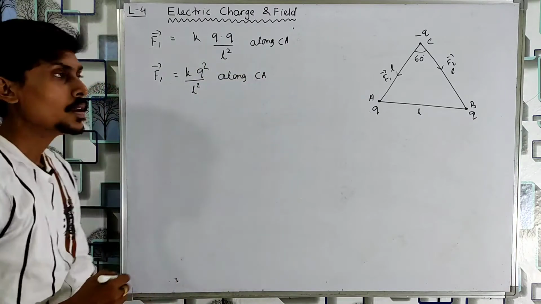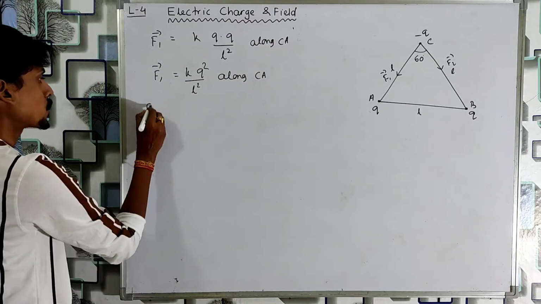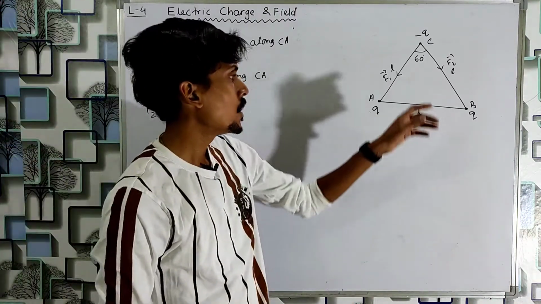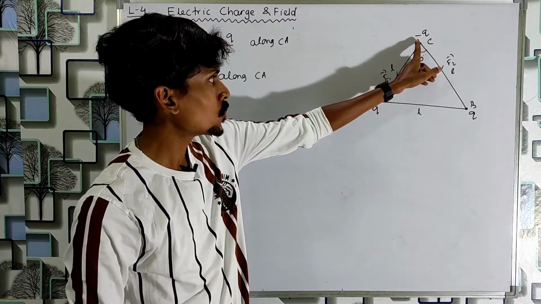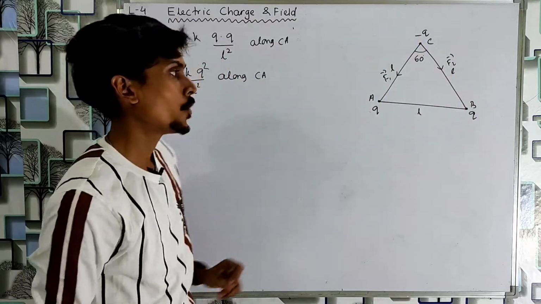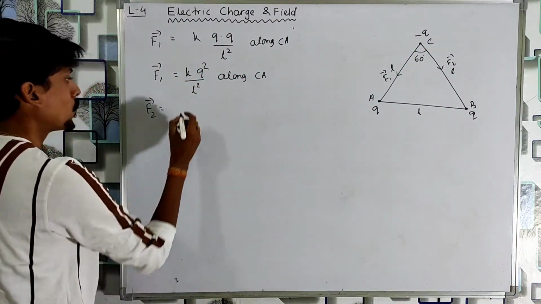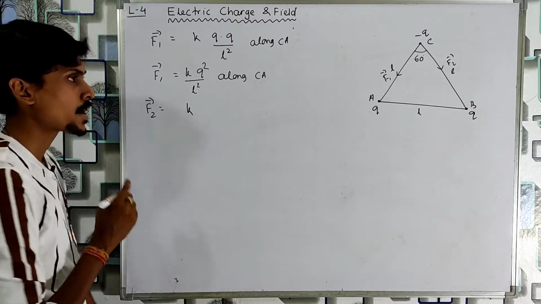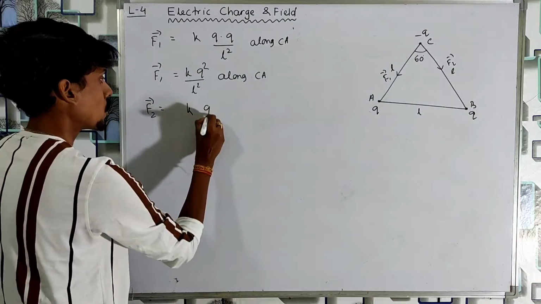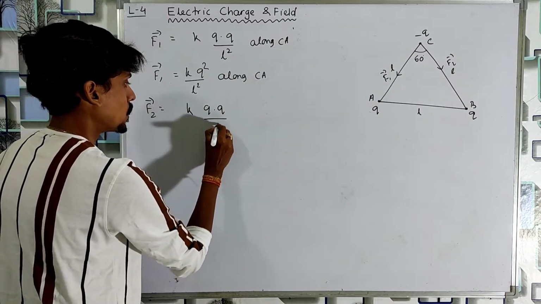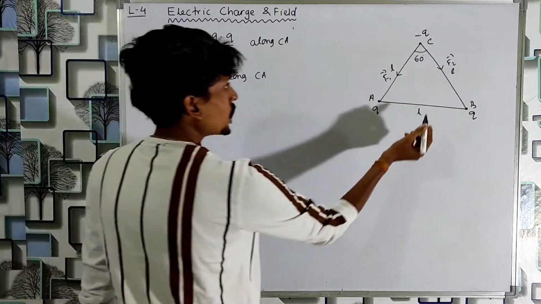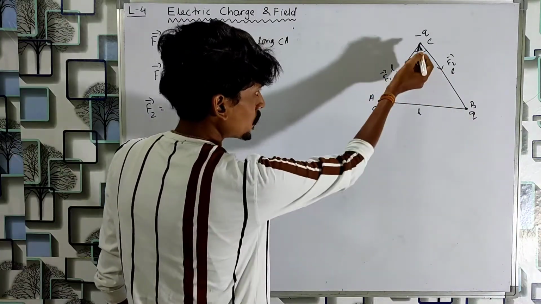Is that clear? Similarly, let us write the expression for F2 vector. F2 vector means the electrostatic force on the charge minus Q due to the charge plus Q present at point B. So F2 vector will be how much? It will have the same magnitude, K into Q1 into Q2. So Q into Q divided by distance square. The distance is L, so L square, and again it is towards B, means along CB.